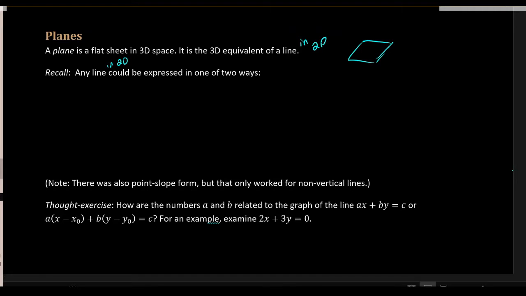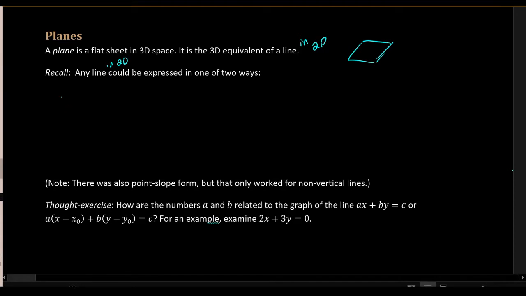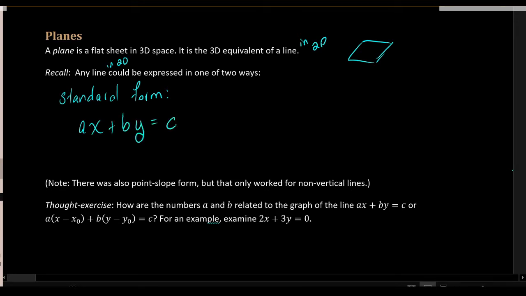The first was in so-called standard form, where you had some coefficient times the letter x, some coefficient times the letter y is equal to some constant called c. This was the standard form of a line described not in terms of a vector-valued function like we did yesterday, but in terms of a relationship between the coordinates x and y.